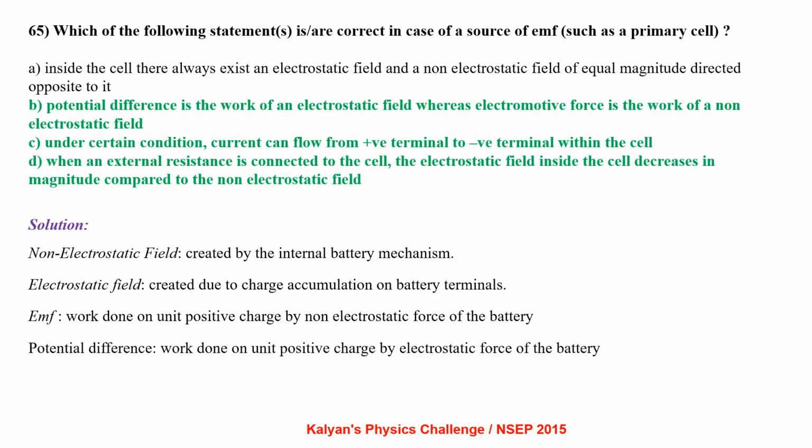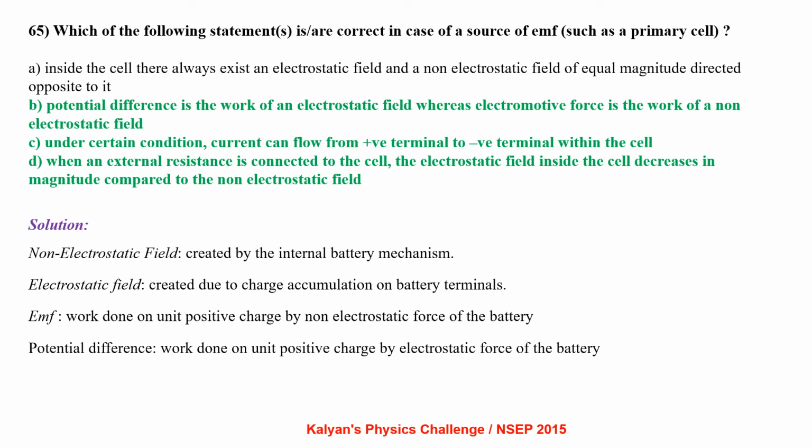Which of the following statements are correct in case of source of EMF such as a primary cell? Inside the cell, there always exists an electrostatic field and a non-electrostatic field of equal magnitude directed opposite to it. The potential difference is the work of an electrostatic field, whereas electromotive force is the work of a non-electrostatic field.